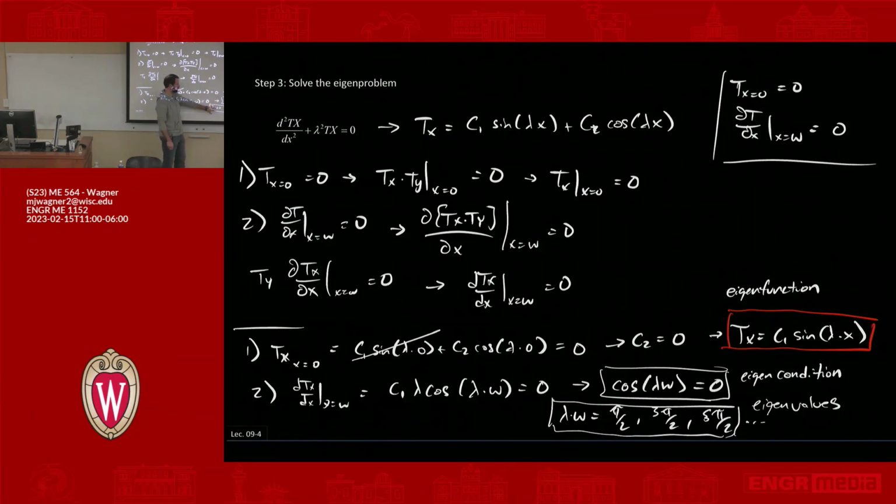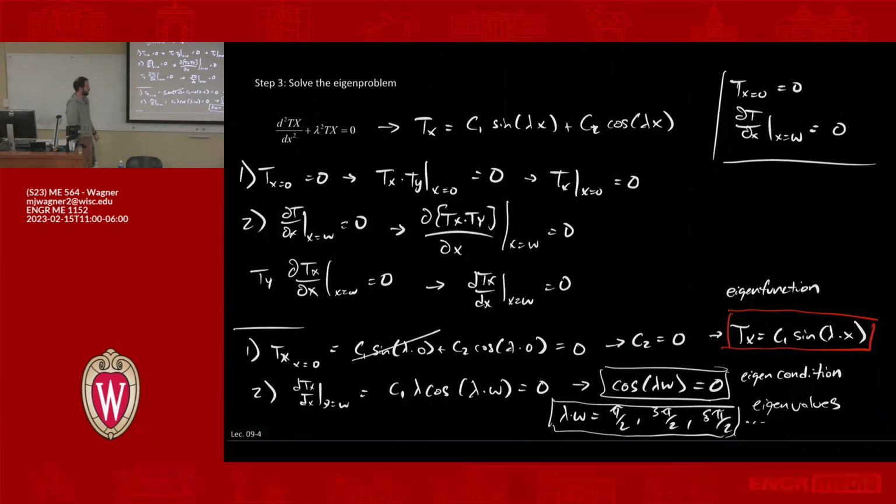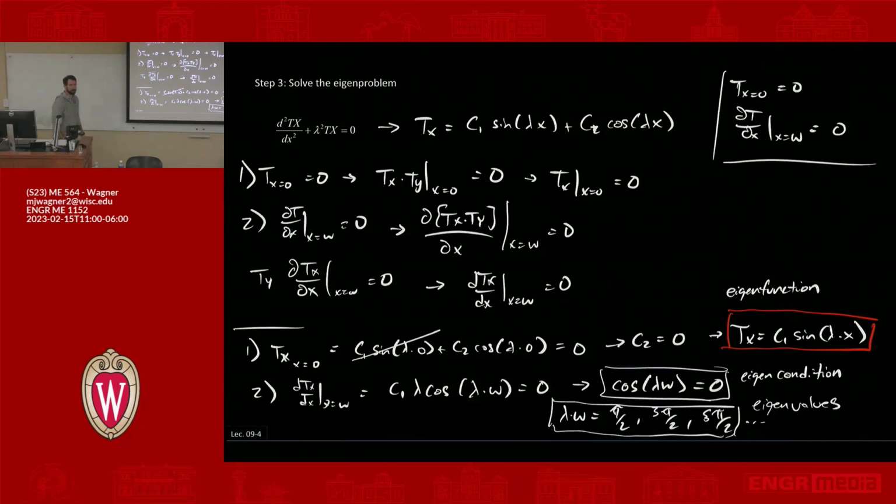And the eigenvalues are the solutions for lambda w at which the eigencondition is satisfied. Okay. By the end of this, you all speak German, I think. So that's the nomenclature. The bottom line is we're just going through this process to find these eigenvalues, which we'll then go back and plug in to help us get some constants.